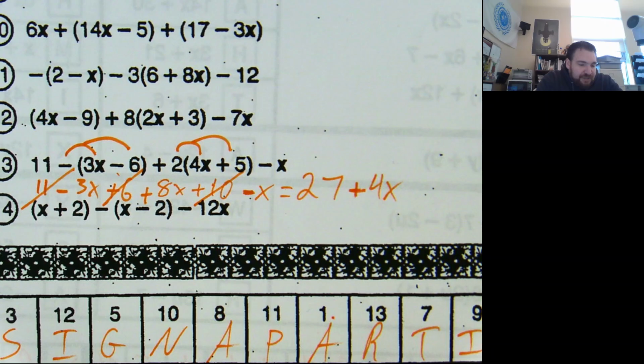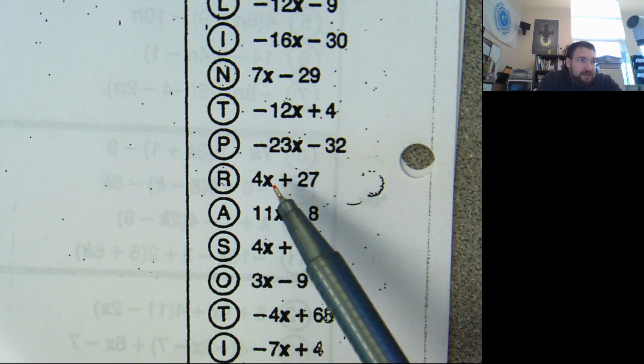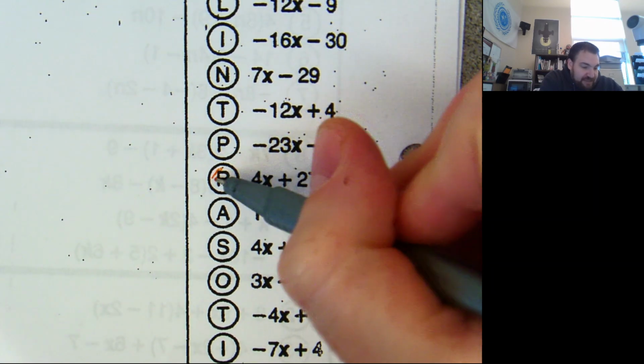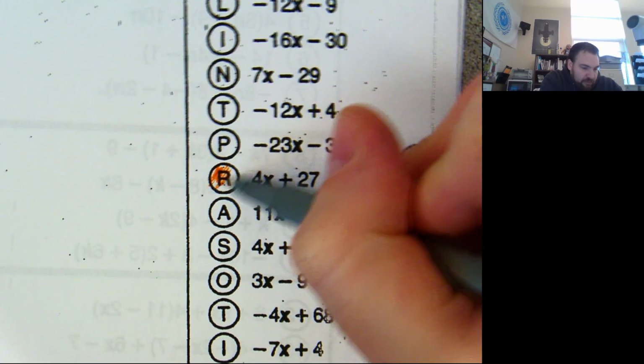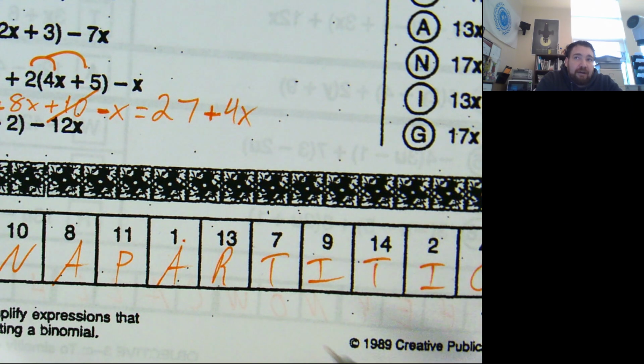So we want 27 plus 4x, or 4x plus 27. Those are the same thing. This is in the right order. So number 13 should be letter R, and lo, there it was, thusly R.